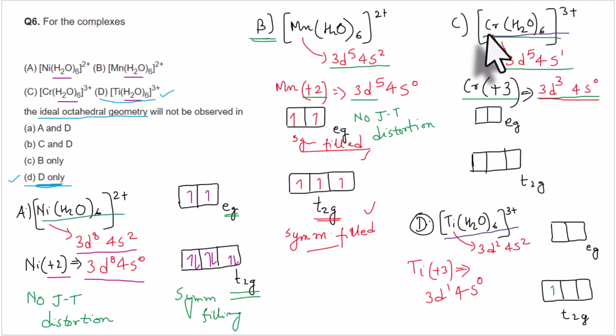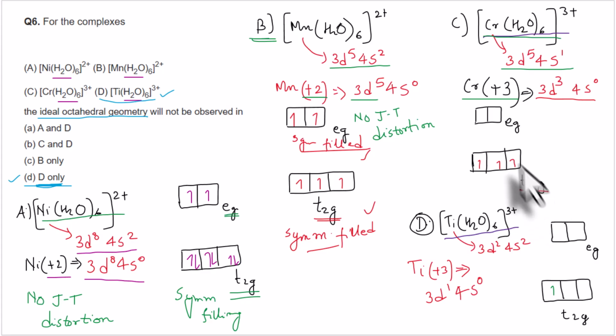Now for the chromium complex. The chromium complex in the ground state has 3d5 4s1 valence electronic configuration, and in the +3 oxidation state it will show 3d3 4s0. So only 3 electrons in the d orbital, and these 3 electrons are accommodated in the T2G orbital like this.